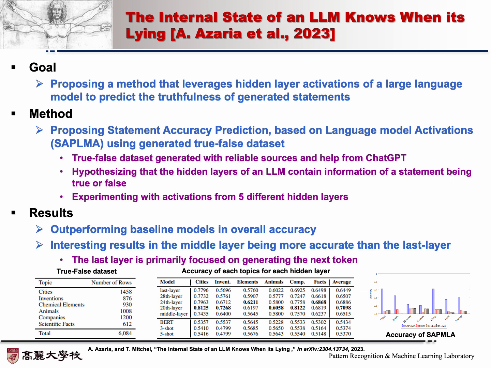The chart on the right visually represents the accuracy of each hidden layer across various topics. As we can observe, there's a distinct pattern that emerges, underscoring the potential of this approach. In essence, this study showcases the untapped potential of the inner layers of an LLM and their capacity to act as truth detectors. This insight was crucial in shaping my research direction and methodology.